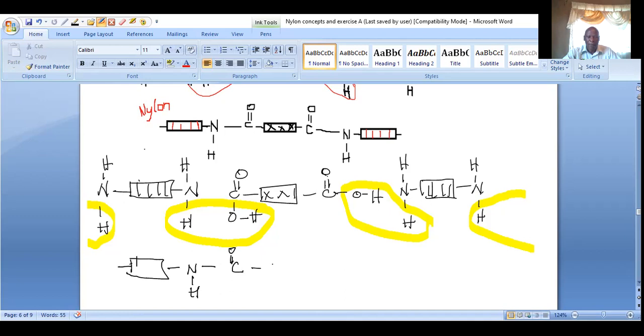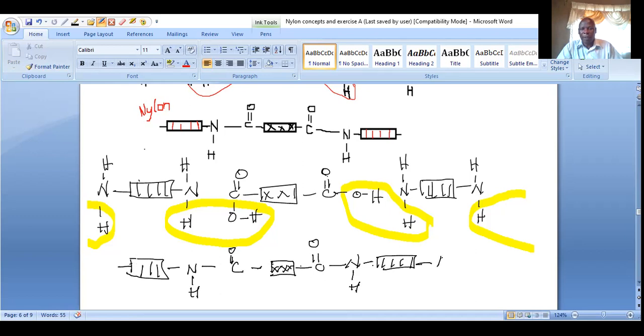And again, this is the amine monomer. And then you have this one coming from the acid, which is linked to the nitrogen. And then this is linked to the backbone on the nitrogen.